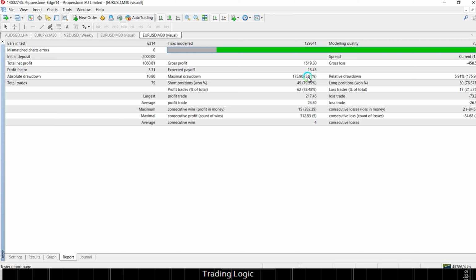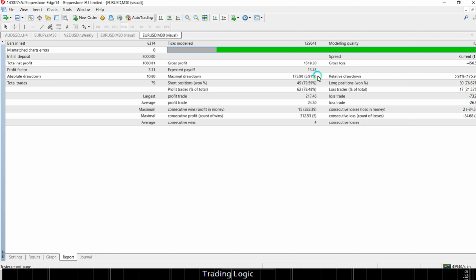We have a really low drawdown, of course, because that is key if you want to apply to a prop firm or just want to trade for yourself, but you don't want crazy drawdowns and crazy losses, because that is not good for your emotions. Then it is crucial: our average consecutive wins are 4 and losses are just 1.